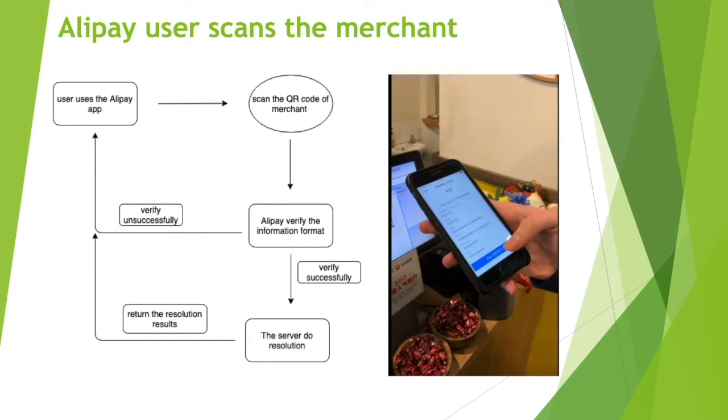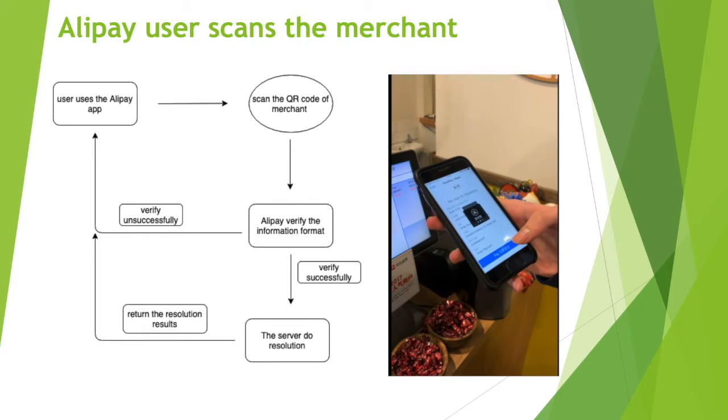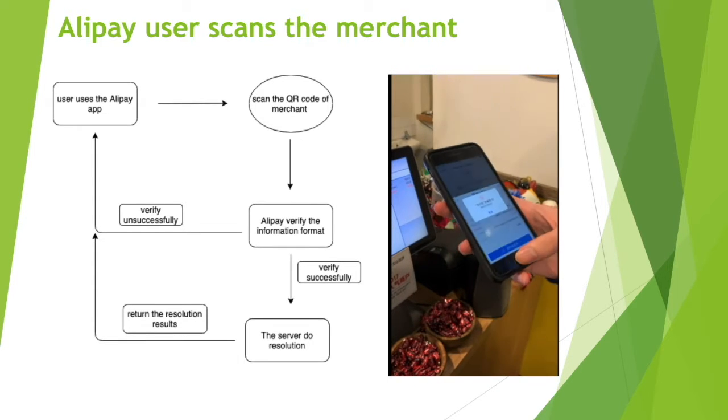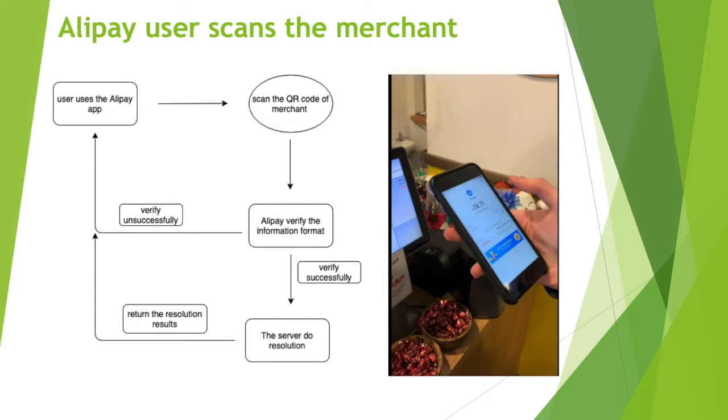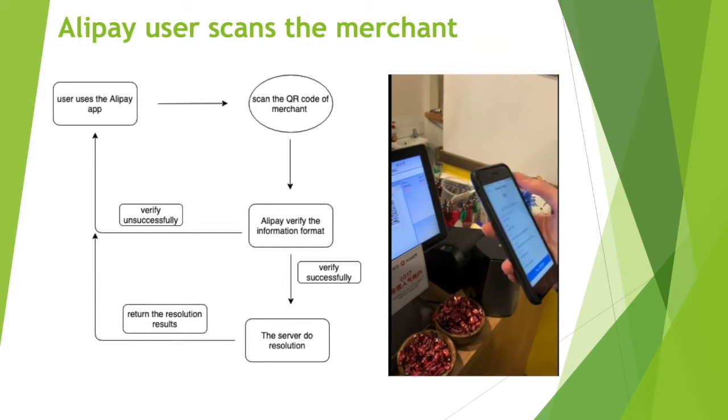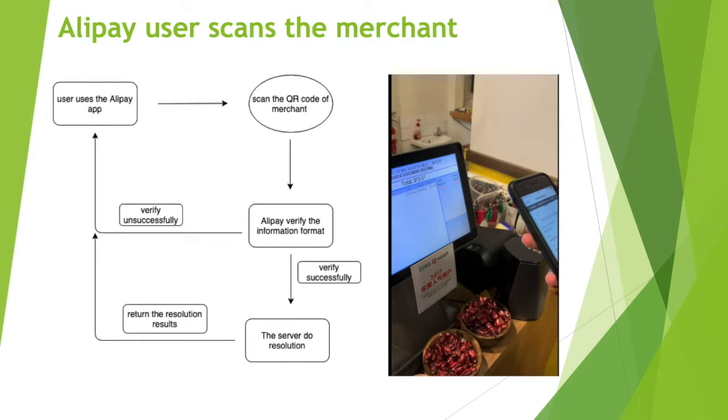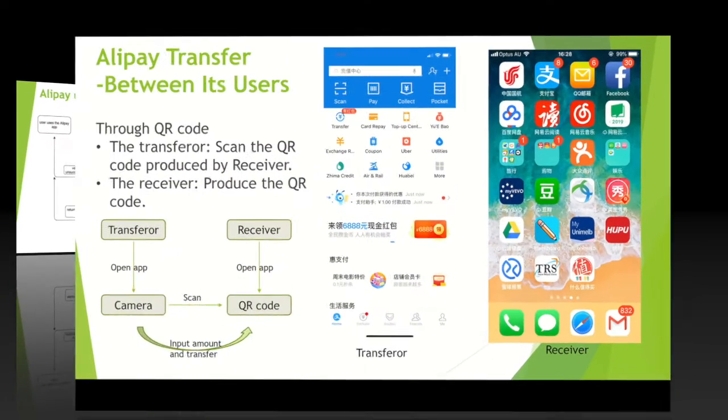In this video, the app verifies successfully, and the server does resolution and returns the results. Then, the user finishes the payment. In another scenario, the Alipay app verifies unsuccessfully. The app will scan the QR code again and do the same process.